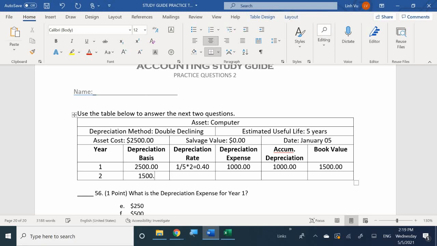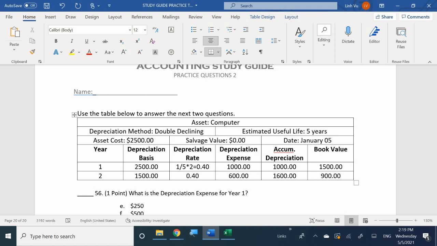And what about my depreciation rate? It stays the same. What is going to be my depreciation expense this time? $600. Making my accumulated depreciation 1,600, leaving my book value to be 900.